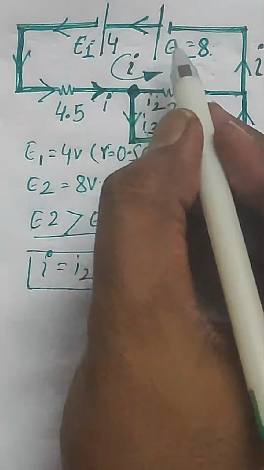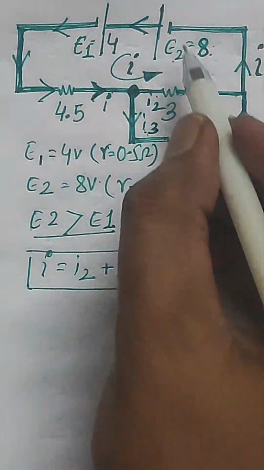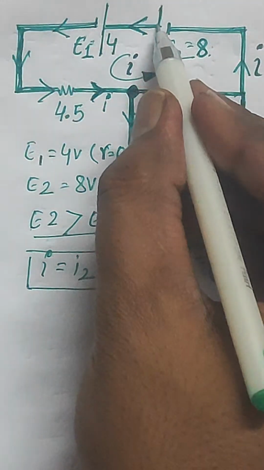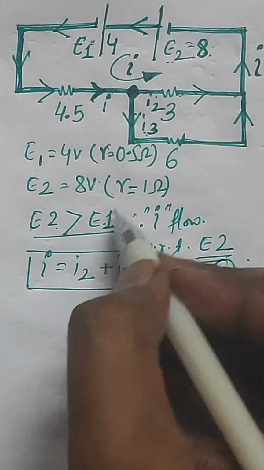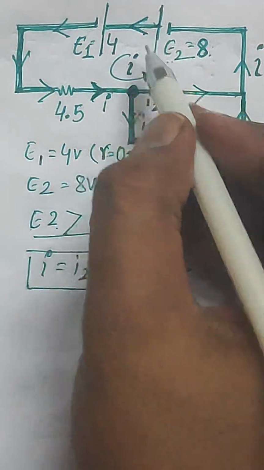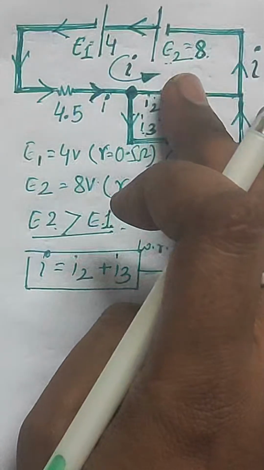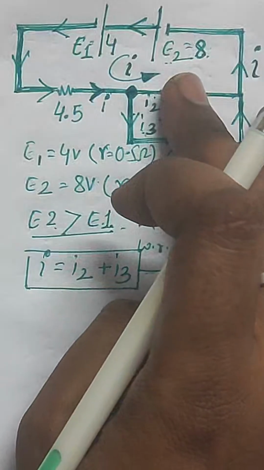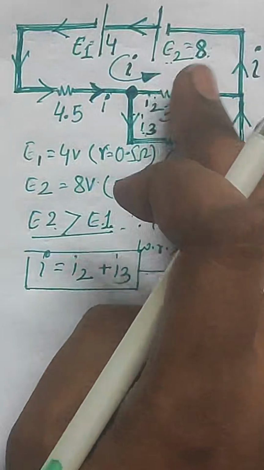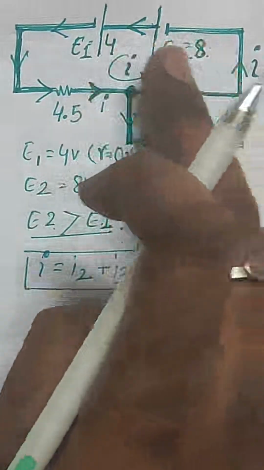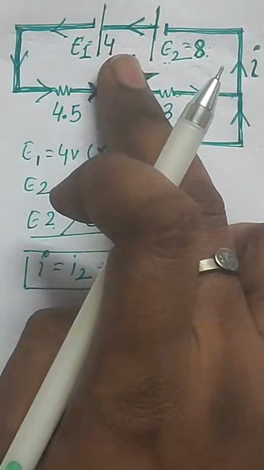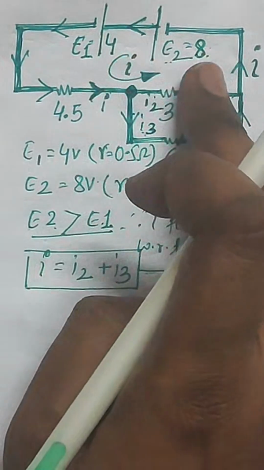Now just take the main circuit. In the main circuit, the current flows as per E2, because E2 is greater than E1. One part of the question says the internal resistances of the two EMF sources are 0.5 ohm and 1 ohm respectively.